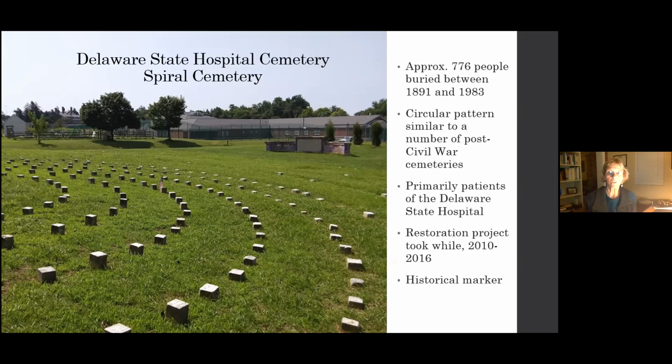Now it's called the Delaware Psychiatric Center. But people who were in the hospital and died in the hospital and had no relatives or no monetary means for burial, they were buried here. Along with a couple employees actually, who died during the TB outbreak, and their bodies were not allowed to be removed from the campus.